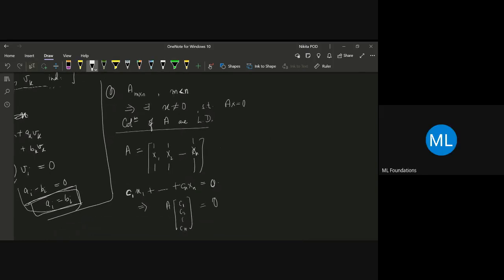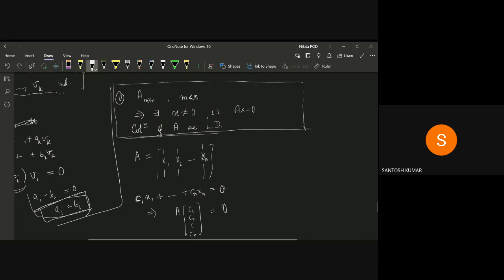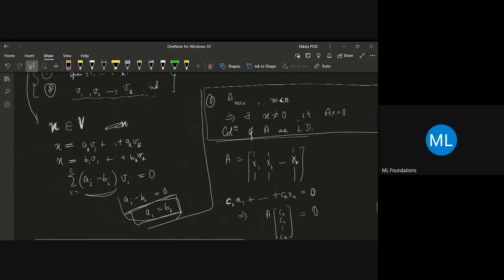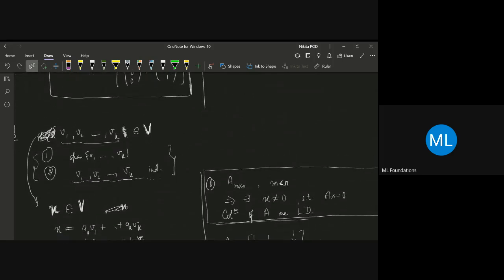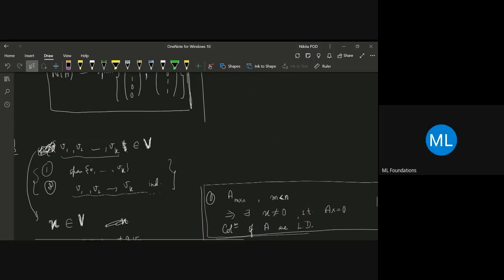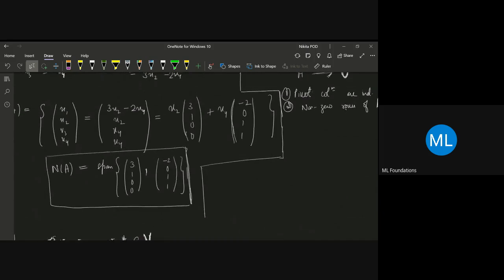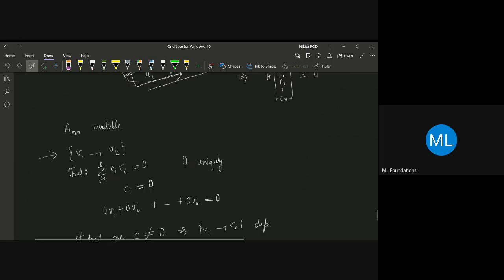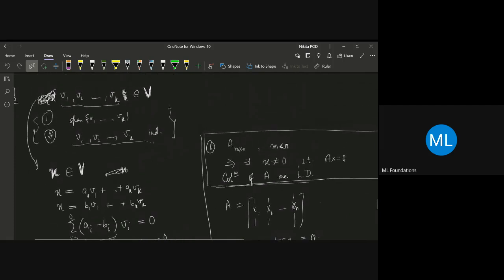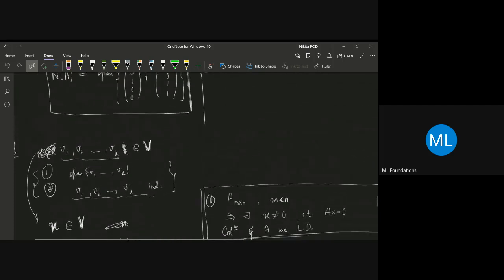This is what I've written, right? So you can see this from the example we did. Whenever your number of columns is more than the number of rows, there will always exist some non-zero vector x such that Ax equals 0.